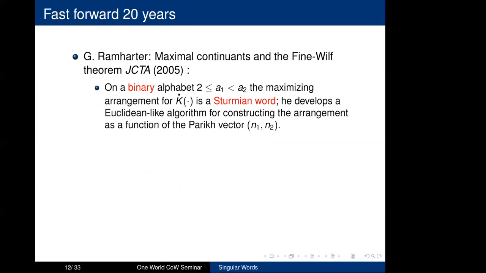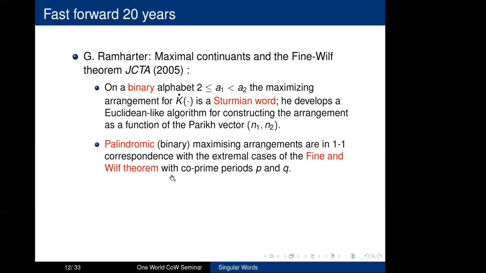And he develops a Euclidean-like algorithm for constructing these arrangements as a function of the Parikh vector n1 and n2, the number of A1s and the number of A2s. He also shows that the palindromic binary maximizing arrangements, always for K dot, are in one-to-one correspondence with the extremal cases of the Fine-Wilf theorem with coprime periods p and q.